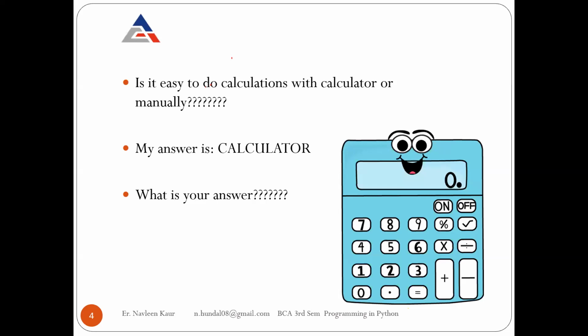What do you give? You give it the input, you give it the numbers. For example, if I want to add 2 and 3, I will give it 2, then I will press the button with the plus sign on it, then I will press 3, and it will give me 5, right? So a calculator is also a machine.